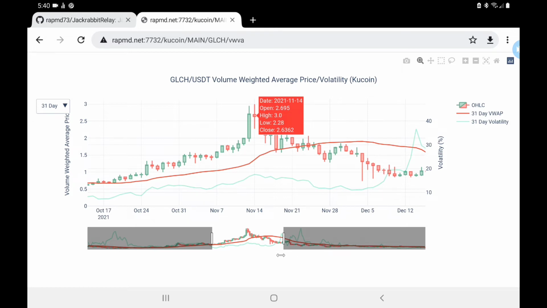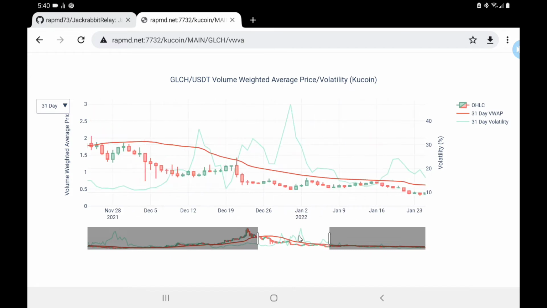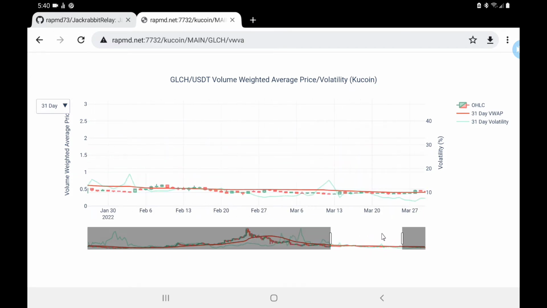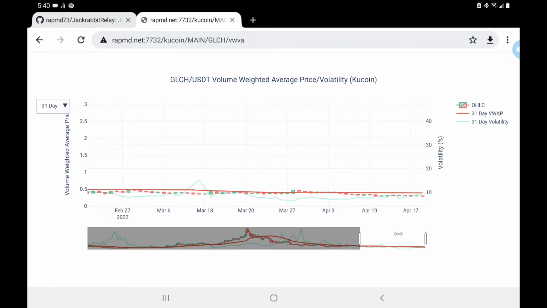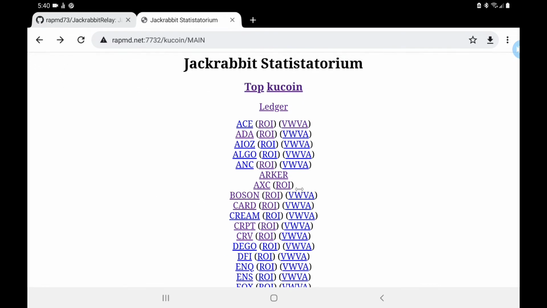Now there's chances that this information will be expanded even further in the future, but for now it simply is a good starting point with a wealth of knowledge. Now as you can see, coins that aren't registered in a ledger, they don't get the volume weighted volatility analysis.